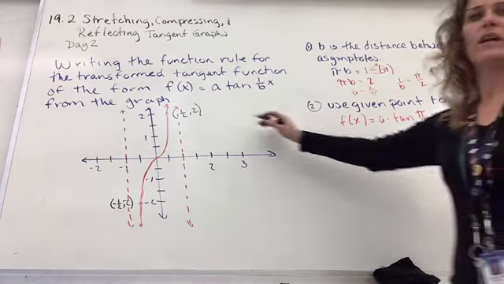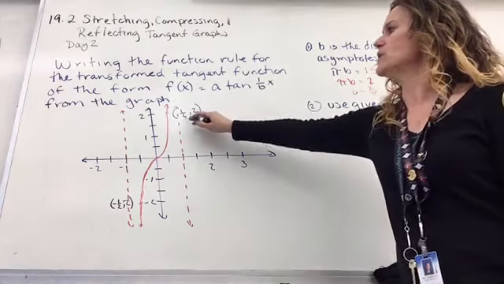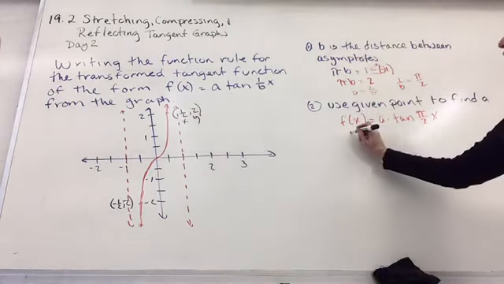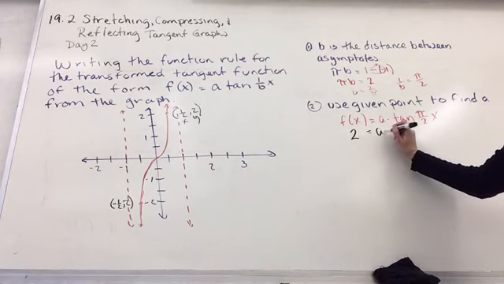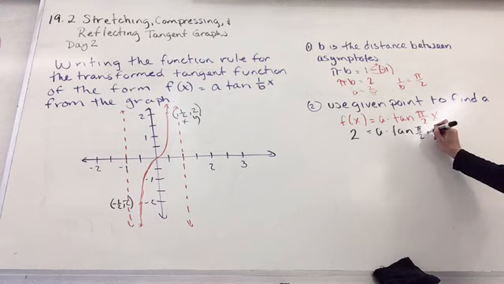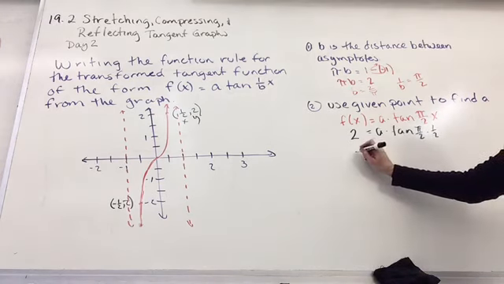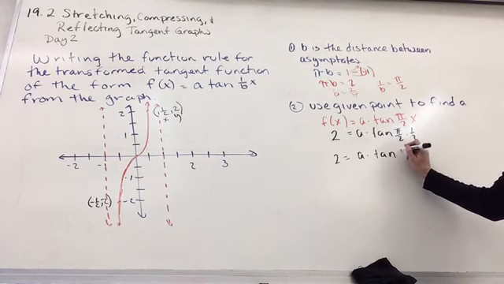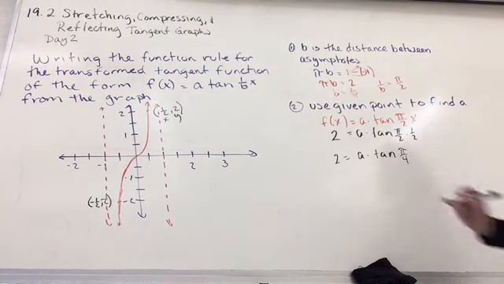So this point, 1/2, 2, this is your x value. This is y. So here for f of x, I'm going to put in 2. We get a times the tangent, pi over 2 times x, which is 1/2. So we have 2 equals a times the tangent of pi over 4.